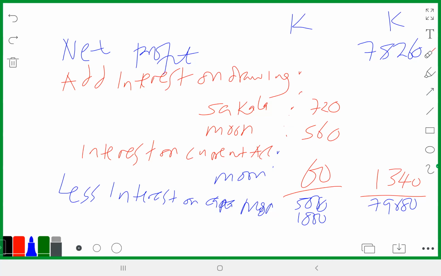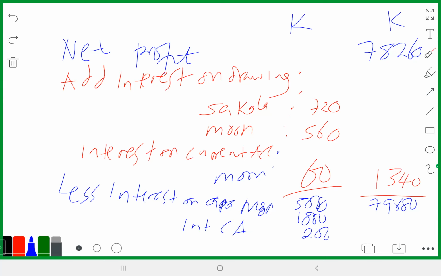We are lessing 200, the interest on current account for Sakala.